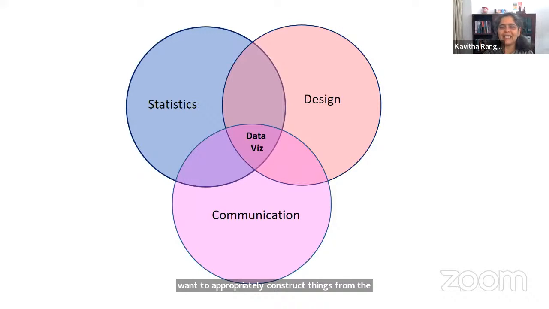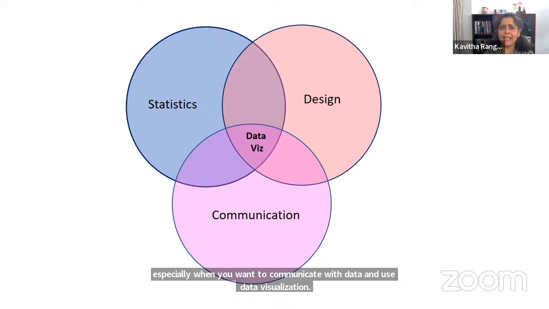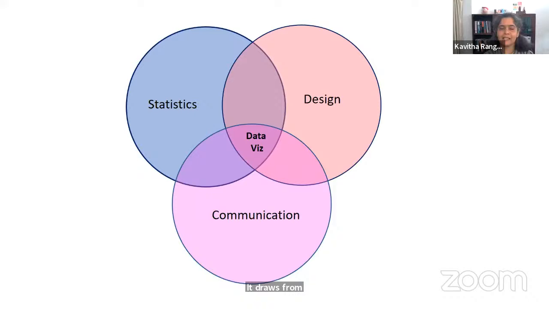So the design thinking aspect from design, and then of course the communication aspect. There are theories in communication in terms of how you want to present something, how you can bring something forth effectively. So when we look at data visualization as a field, especially when you want to communicate with data, it draws from essentially these three different and traditionally very separate fields.